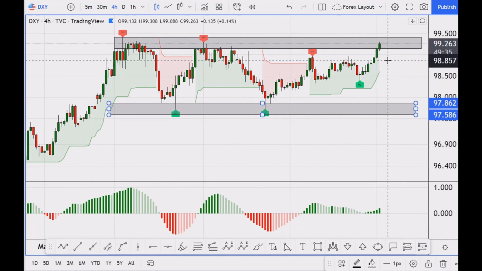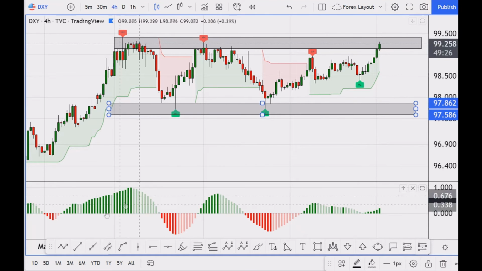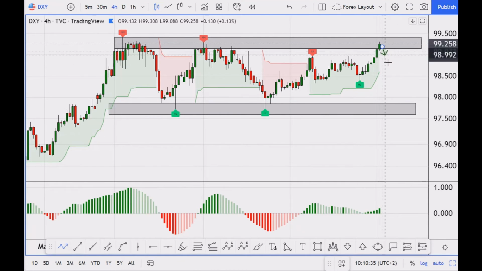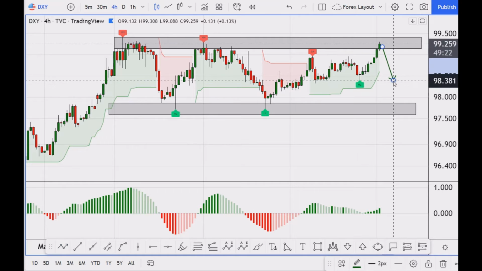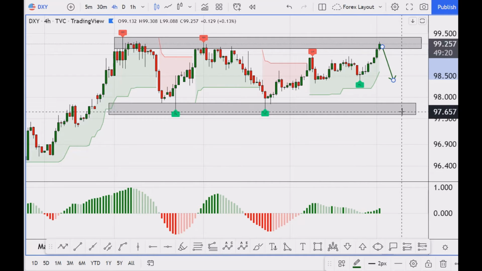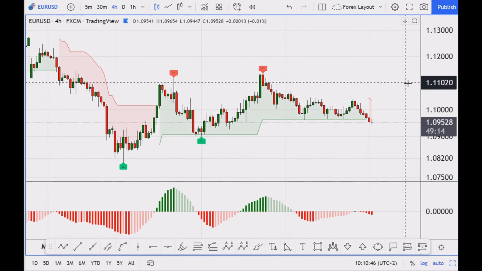As soon as we see some bearish price action from here, we will be bearish on the dollar, trading during the day to retreat and reach the target levels of 98.30 and then 97.60. However, we will be waiting for the bearish price action to confirm this move first.